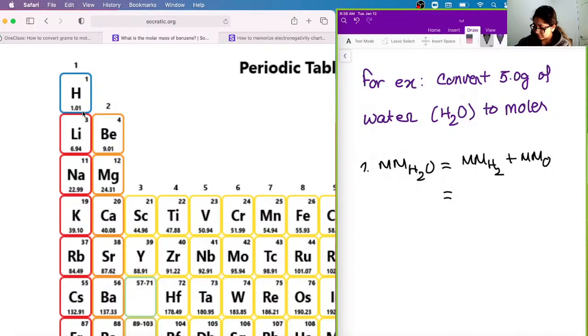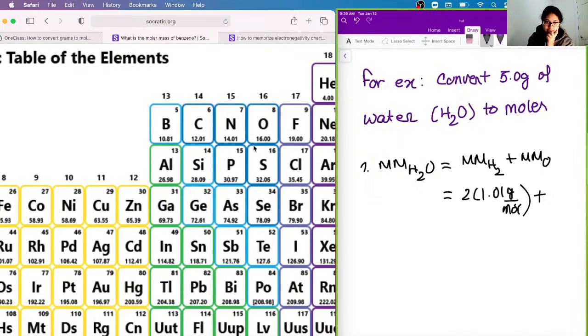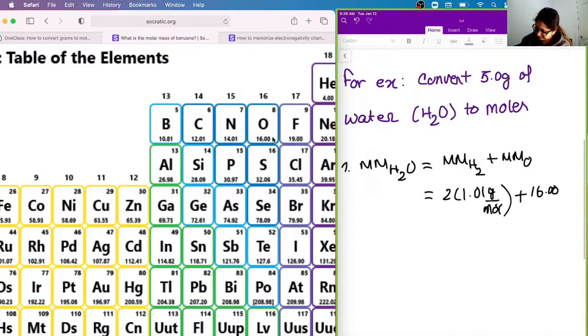Since we have 2, we multiply this by 2, 1.01 grams per mole, and add the molar mass of oxygen, which is 16.00 grams per mole. This gives 2.02 grams per mole.